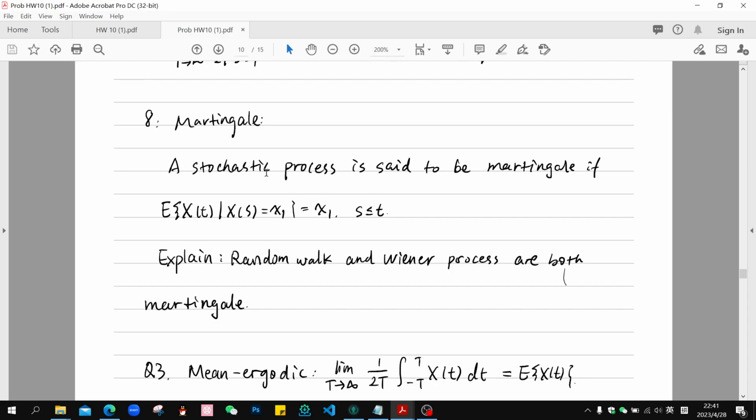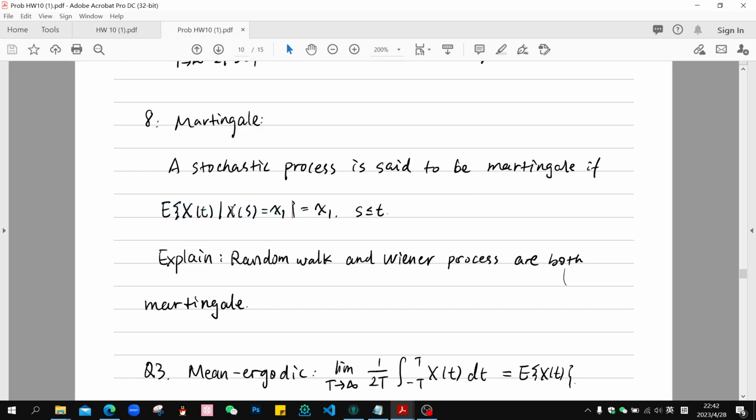And number 8 is the last one, the martingale. A stochastic process is said to be martingale if the expectation of x(t) under the condition of x(s) equals x(s), for s smaller than t.